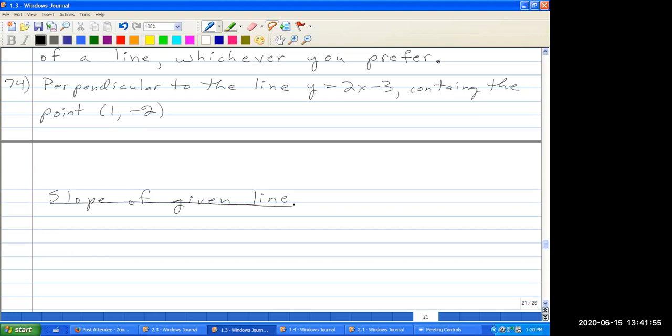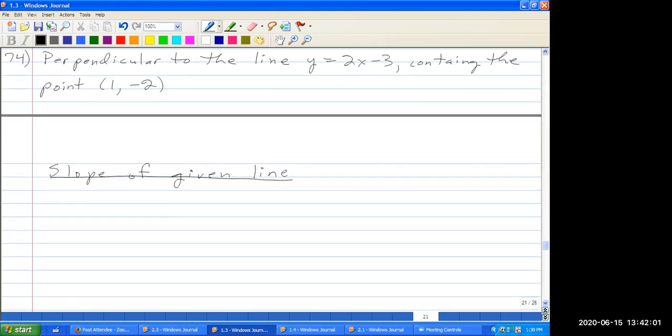To determine the slope of a line given by an equation, we use the slope-intercept form, y equals mx plus b. Meaning, solve for y.